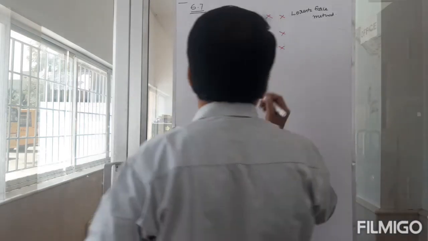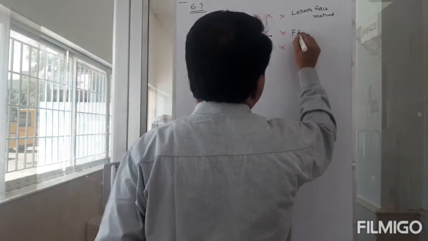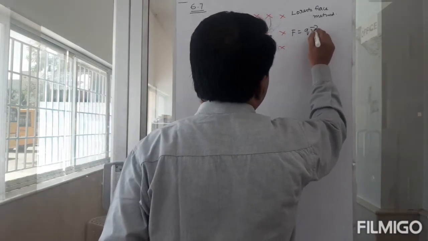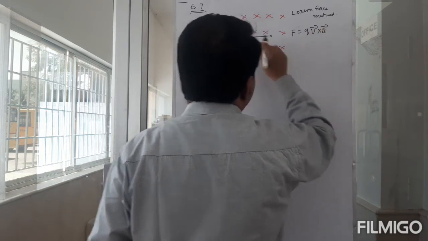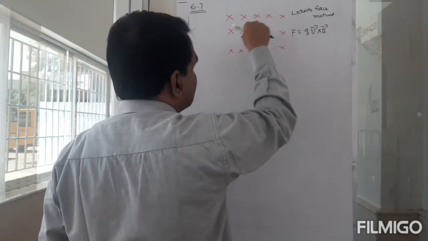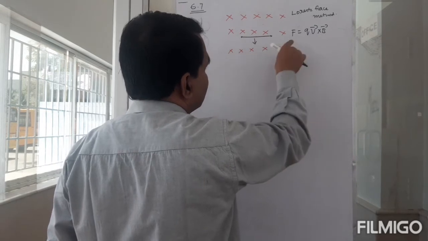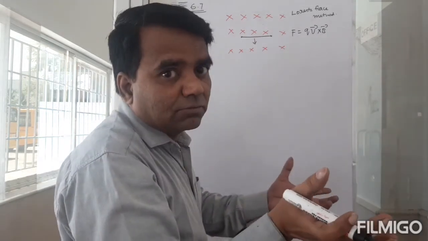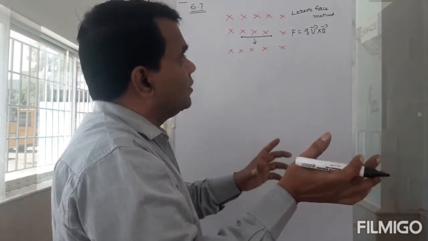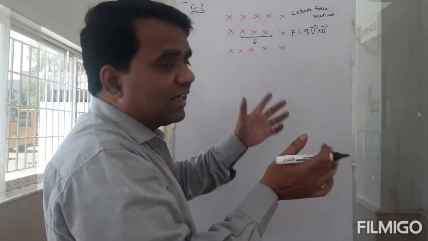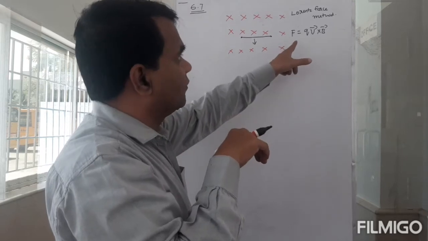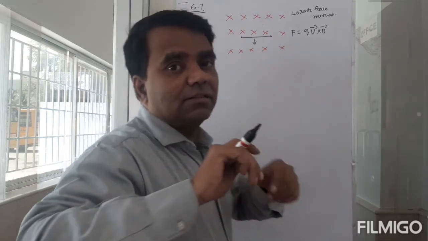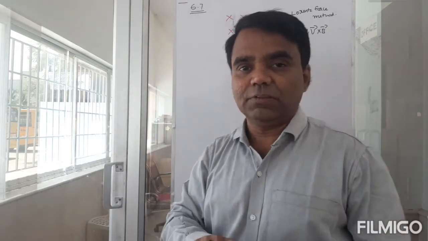You know that F is equal to QV cross B. V is in this direction, B is in this direction. But notice that we are talking about free electrons, so those free electrons will experience a force in this direction.